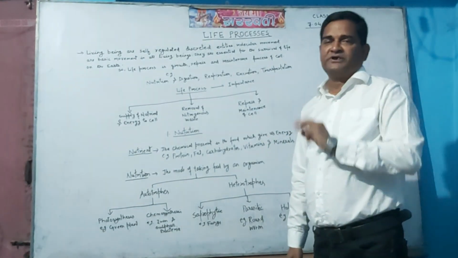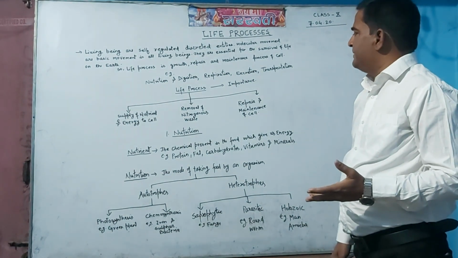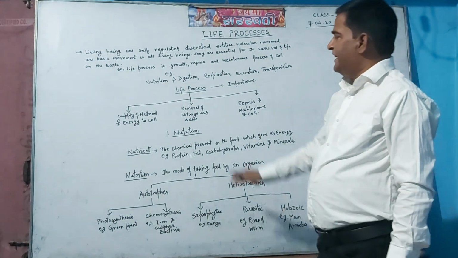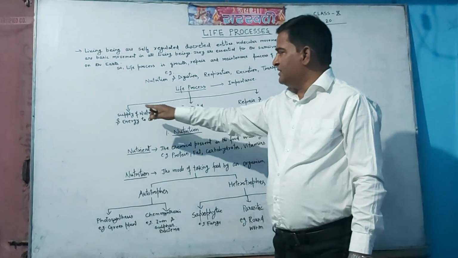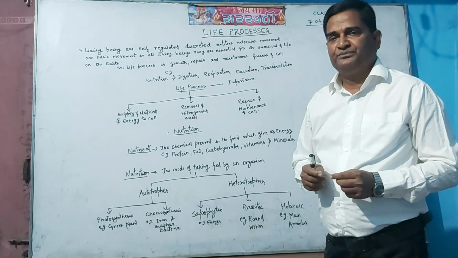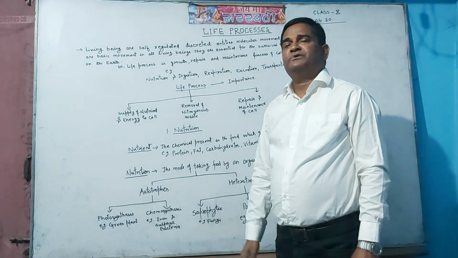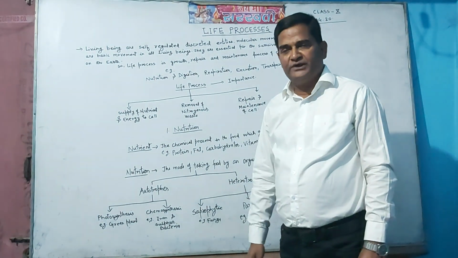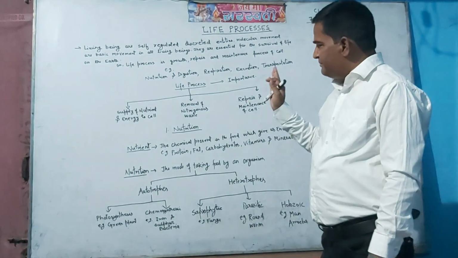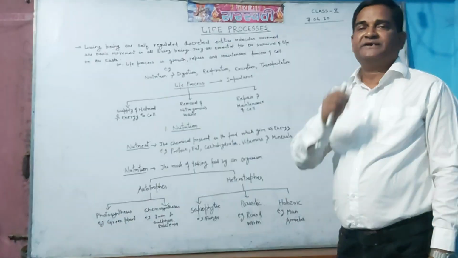There are three important purposes which make it very essential for living beings. Number one, every living being requires a supply of nutrients and energy inside the cell. These nutrients and energy require the movement of molecules. Secondly, every living being releases some nitrogenous waste as excretion.